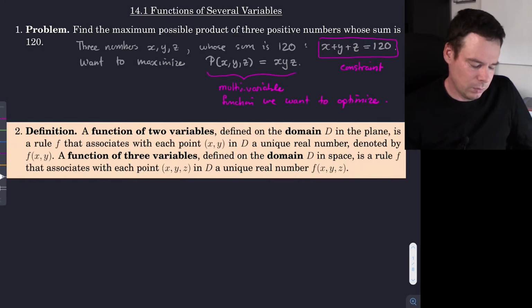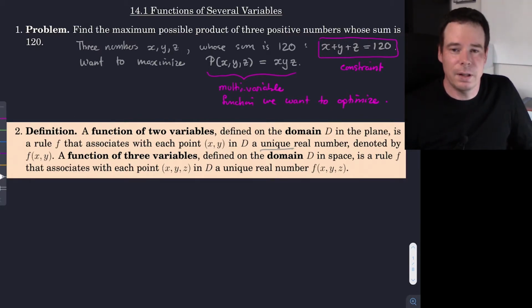This is a function of two variables which is defined on the domain D in the plane, so the space where we could have two numbers coming from to put into the function. What is it? It's a rule that associates with each point in D, so each x, y pair in D, a unique real number denoted by, in this case, f of x comma y.